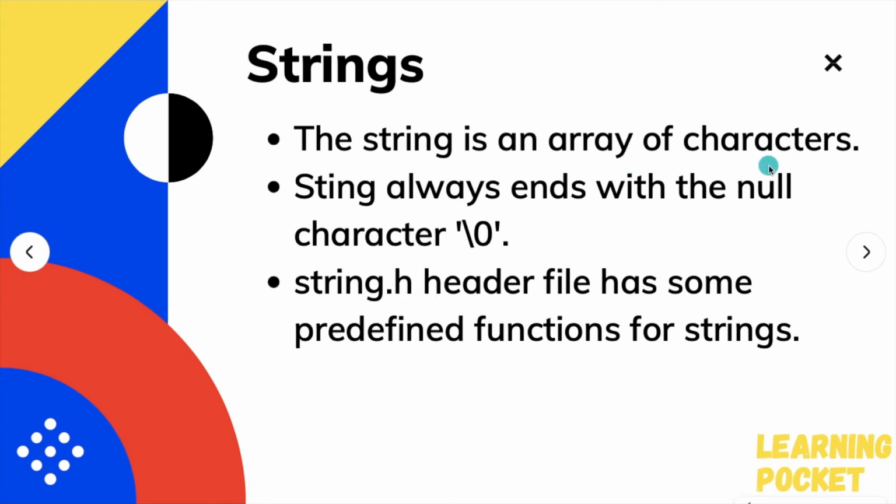Similarly, we have arrays of characters. An array of characters has a special name, that is string, and strings always end with a null character. The last character of a string should be this null character, and this specifies that the string has ended at this point.